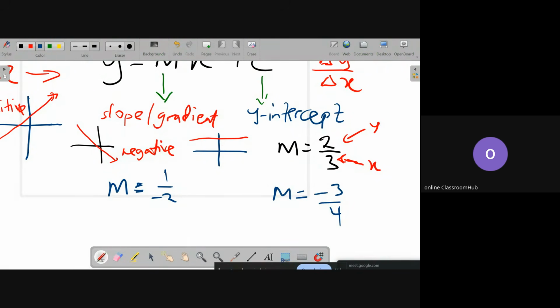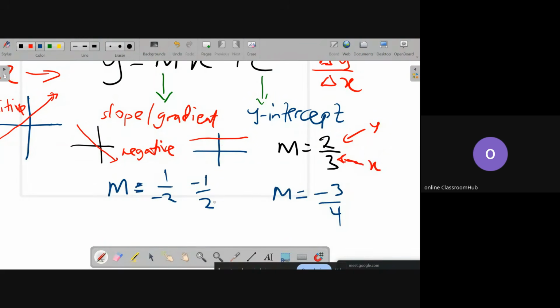We are all going to La Paz. We are all going to Circle. But for a vector, one can go to La Paz, one can go to Circle because they are different entities. So in this case, the negative is affecting everything. So you write it as negative 1 over 2. Putting the negative down is an improper way of writing a fraction. Always bring it to the top. So even though you can see 1 over negative 2, it is improper, so change it to negative 1 over 2.